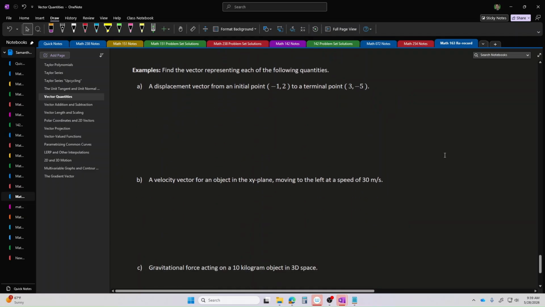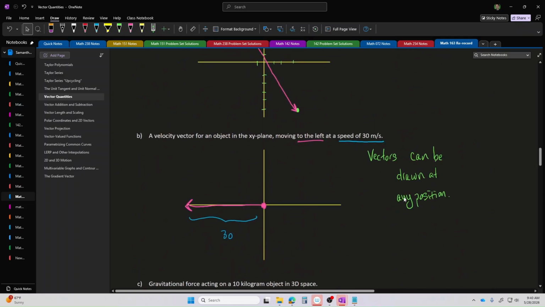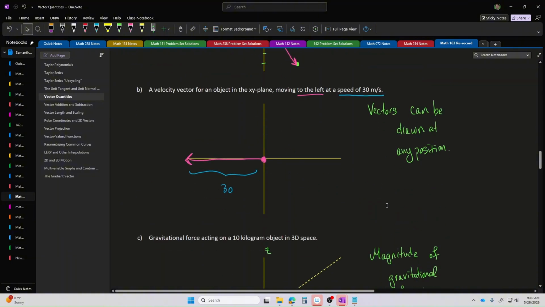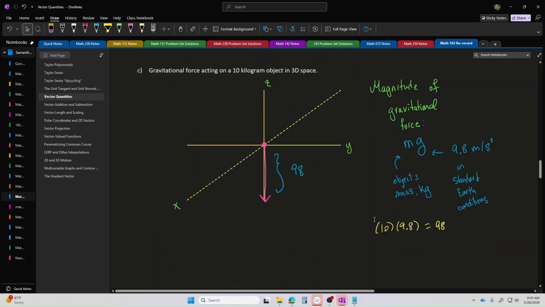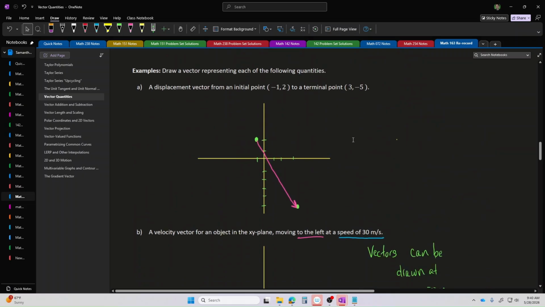So let's go ahead and find the vector representing each of the following quantities, the same physical quantities that we drew above, but this time we're actually going to go ahead and find the components of these vectors, the x component, the y component, and possibly the z component, so that we can write the vector symbolically. Now, what I see is that this vector is requiring me to move from x equals -1 to x equals 3.